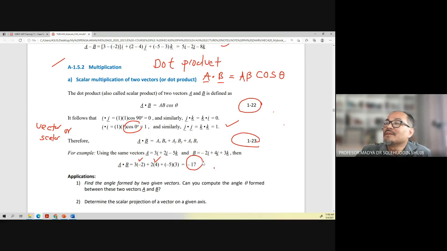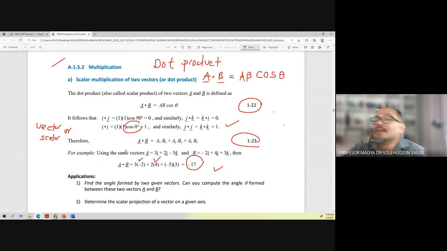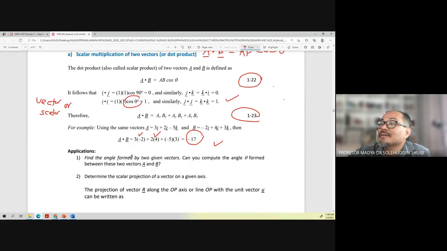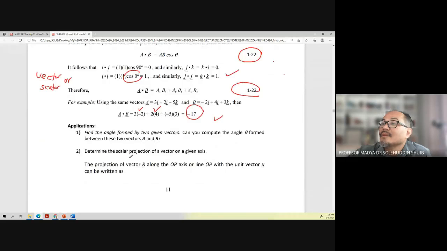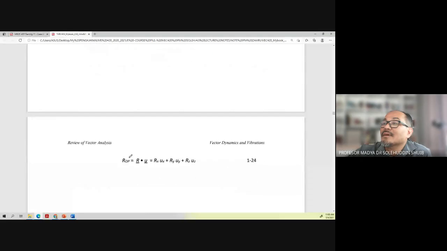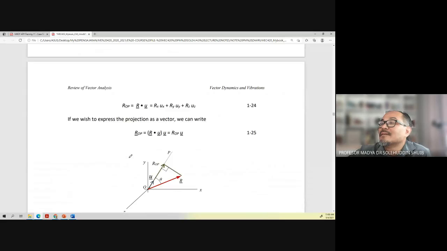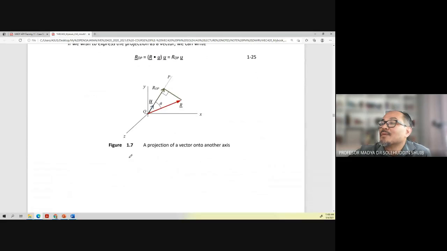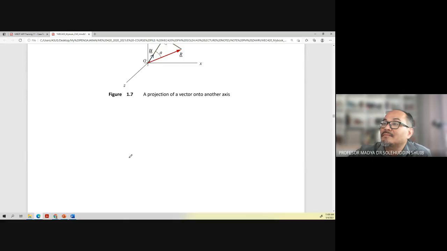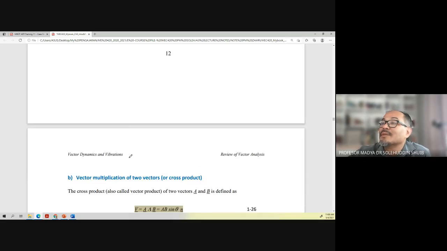So altogether you get minus 7. What else I want to highlight here? This one is talking about the projection of a vector onto another axis. You can explore all that.